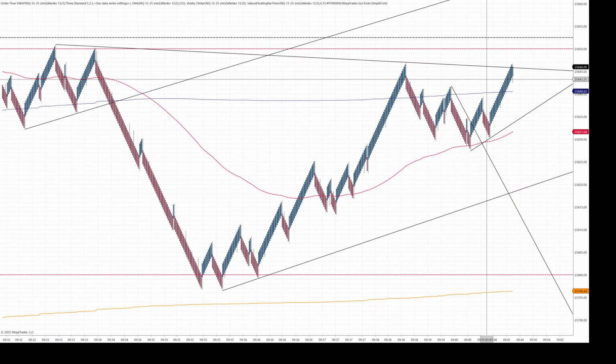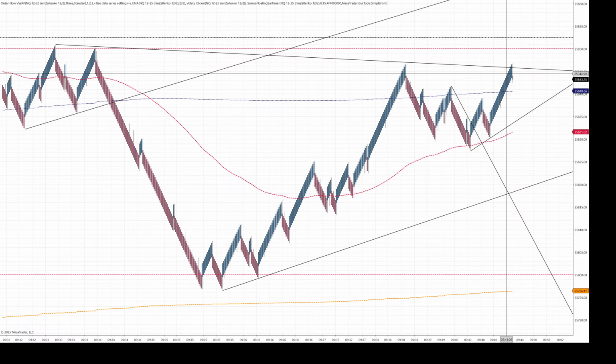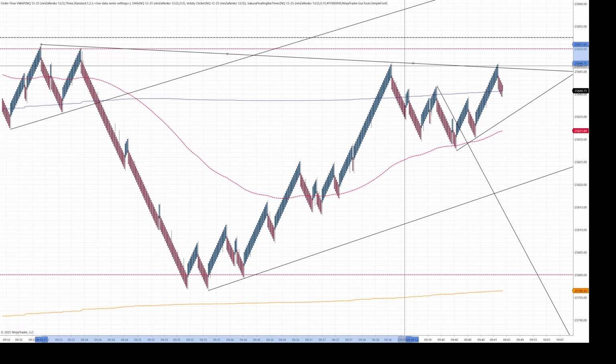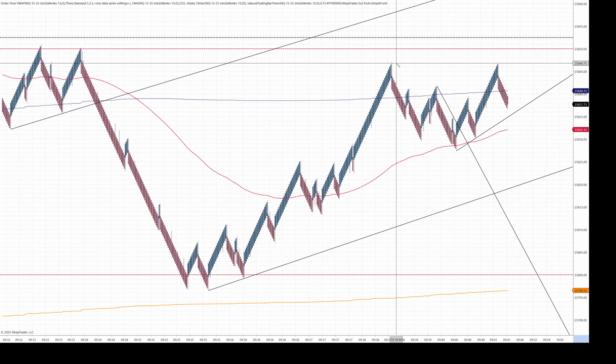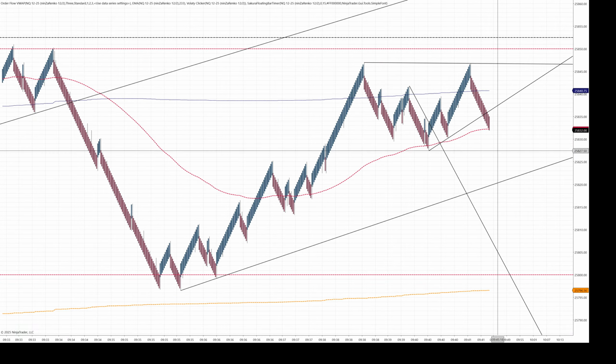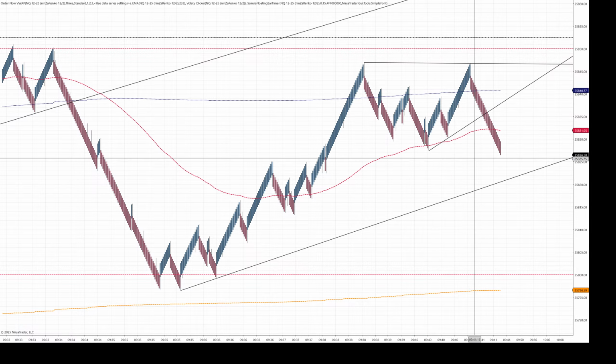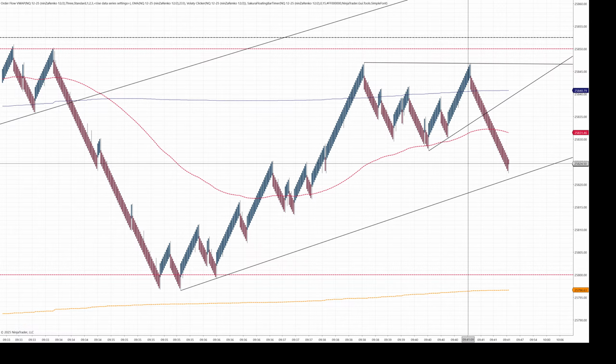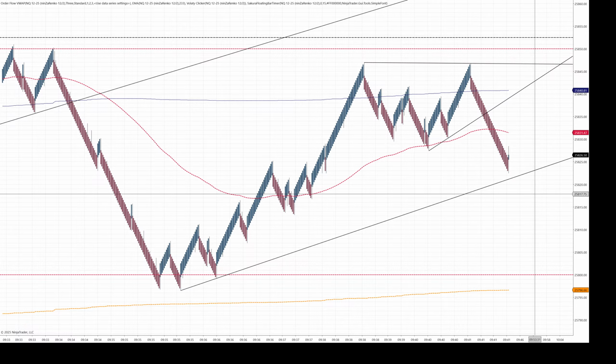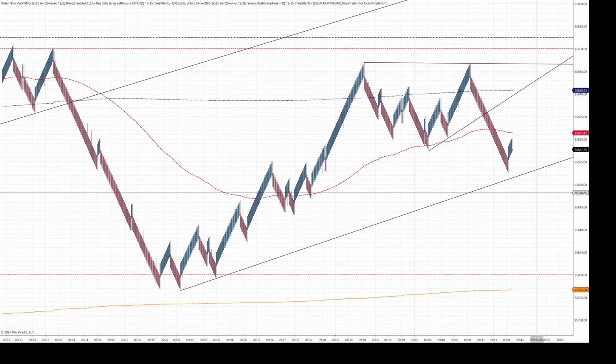So we're going to go back up and probably retest. It didn't even make it to this high here, so I'm going to go ahead and draw that line, delete this line. Yeah, in this case, that's correct, Doug.